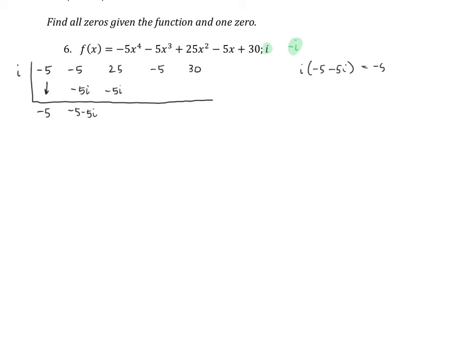That's going to be negative 5i minus 5i squared. But remember, i squared is negative 1, so this is going to be negative 5i plus 5. Now, these two are like terms, so I can combine those. So I will get 30 minus 5i.